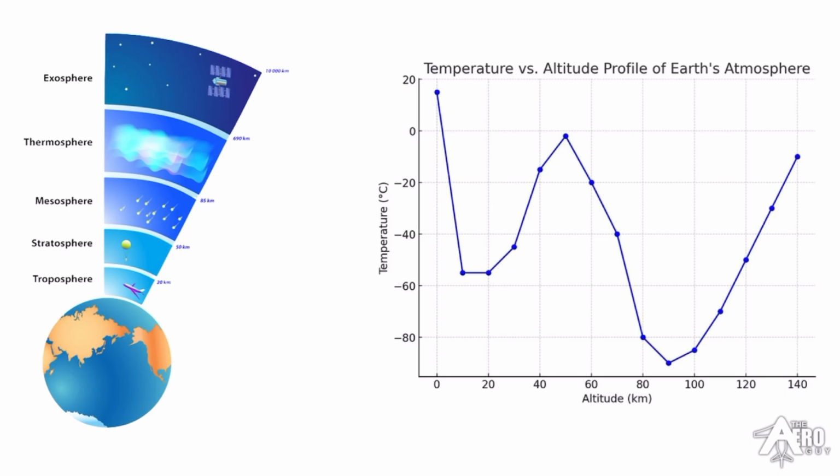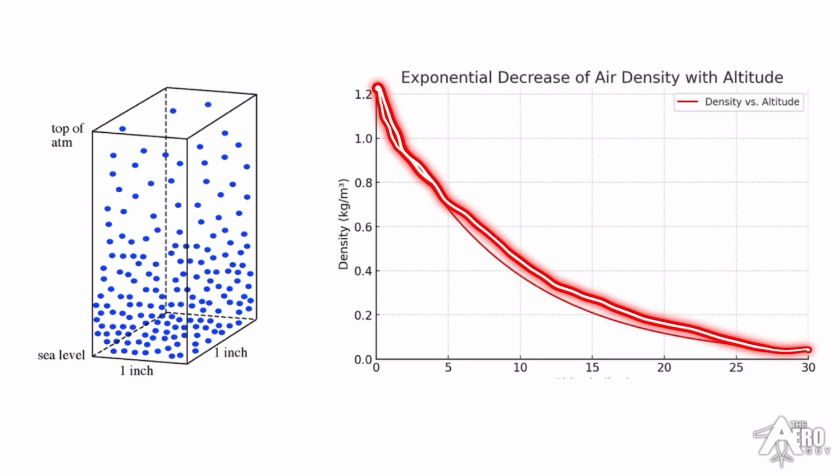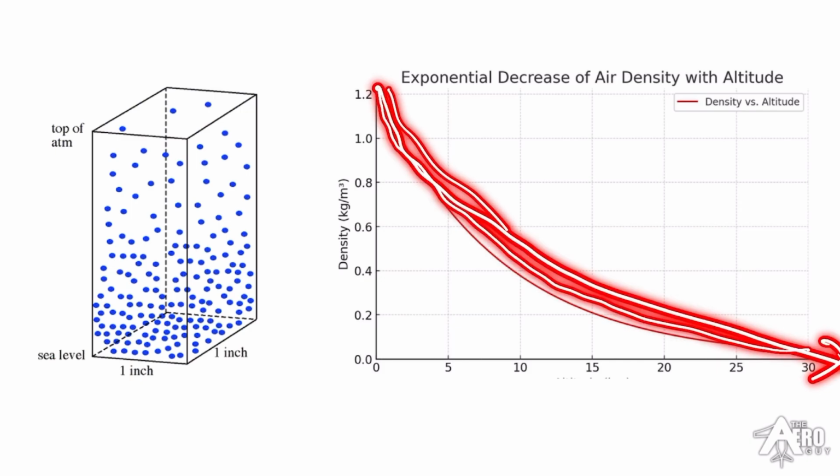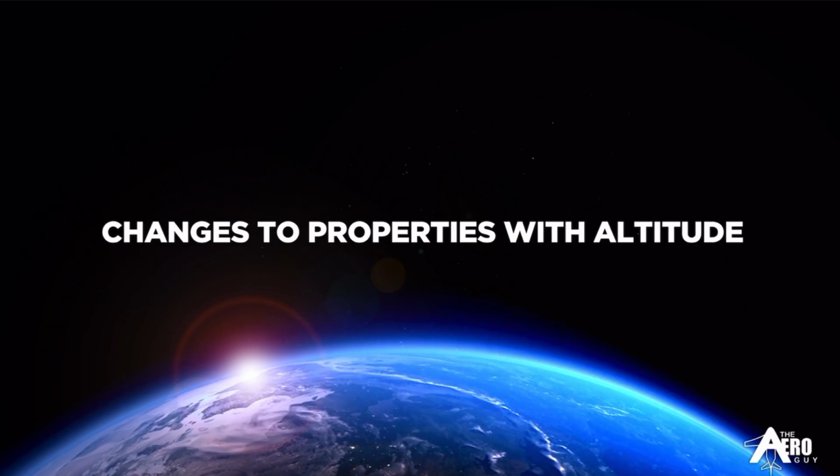Again, emphasizing for pressure and density, we notice that at higher altitudes, the density of the air decreases, similar to the air pressure. We are firm in understanding and believing that properties change with altitude.